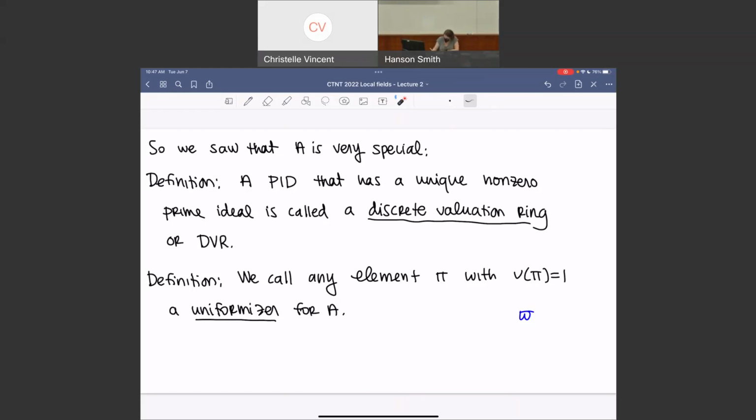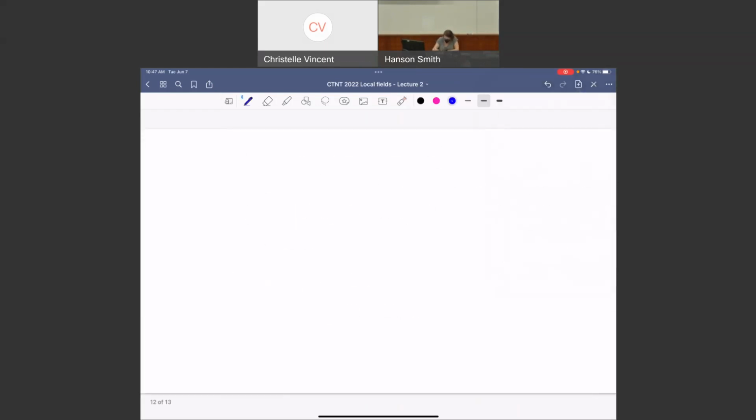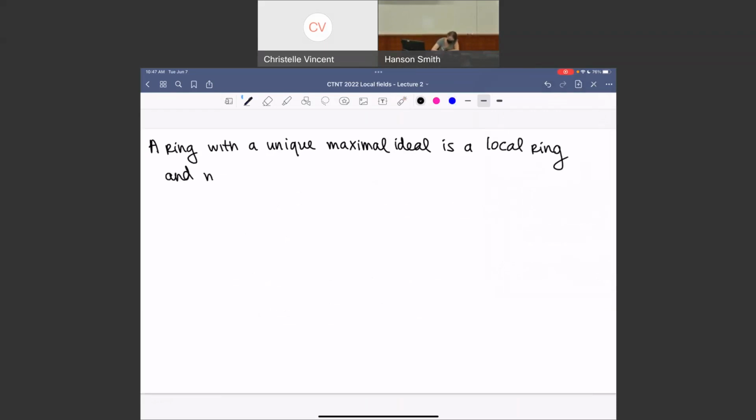Okay? And so I just want to point out that a ring with a unique maximal ideal is a local ring, and not all local rings are DVRs.